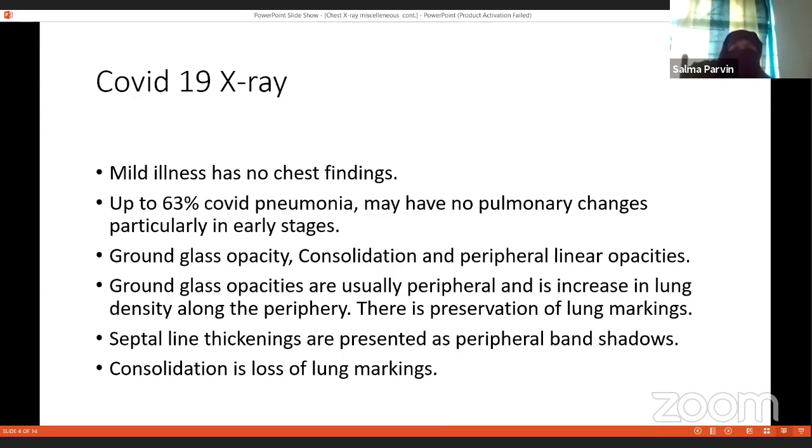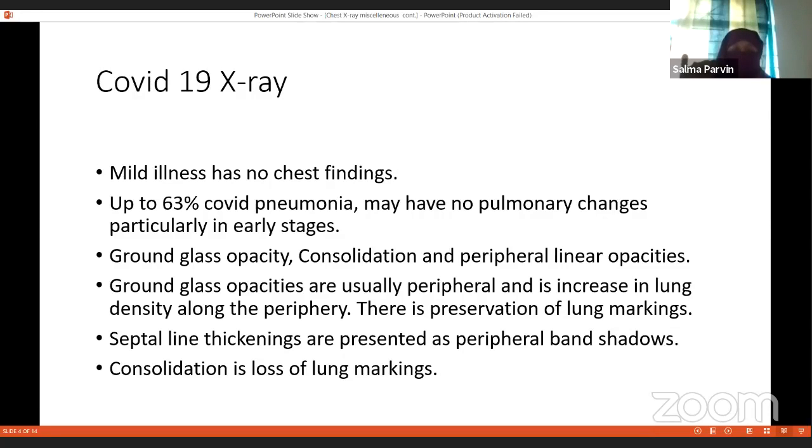The X-ray findings in COVID-19 patients may be categorized as no X-ray findings in mildly ill patients. There would be a negative chest X-ray. In up to 63% of COVID pneumonic patients, there may be no pulmonary changes, particularly in the early stages.